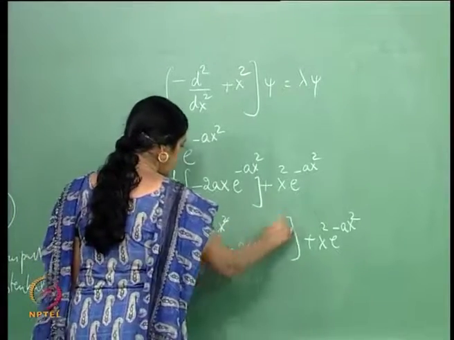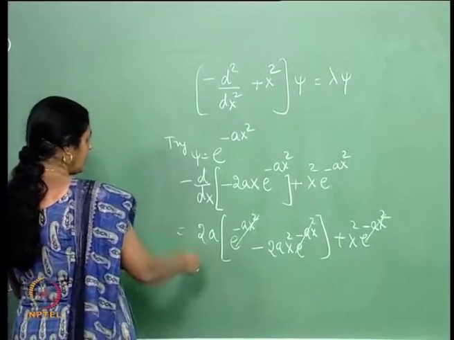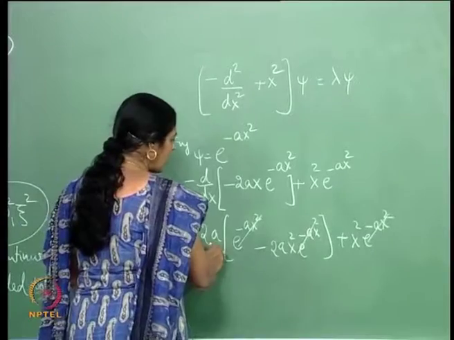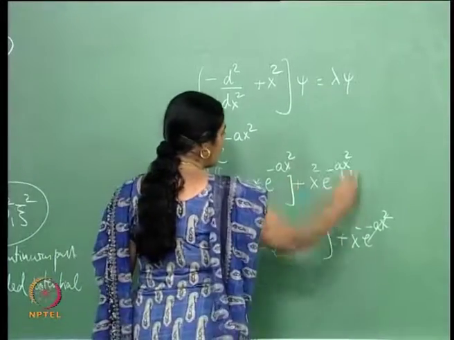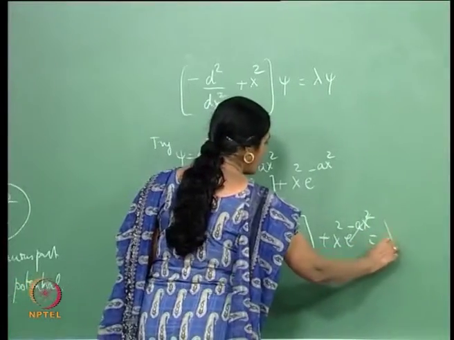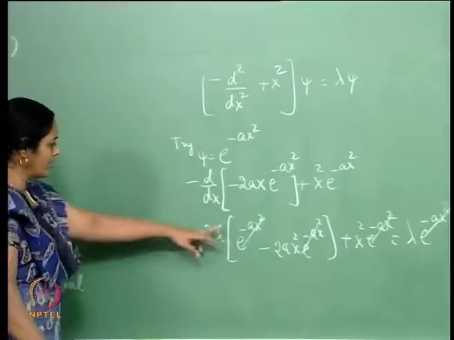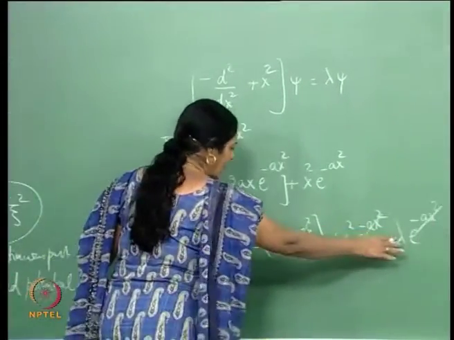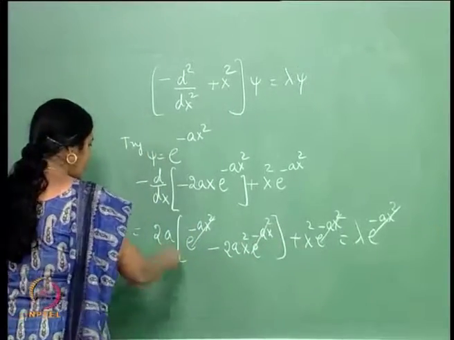Now it is clear that once I cancel these things out, I need a number. So basically all that should survive is the first term 2a. If at all this should be an eigenvalue problem, I should get lambda e to the minus a x squared, which of course I have cancelled out all over. So this 2a should be equal to lambda, which means that the coefficient of the x squared term should go to 0.